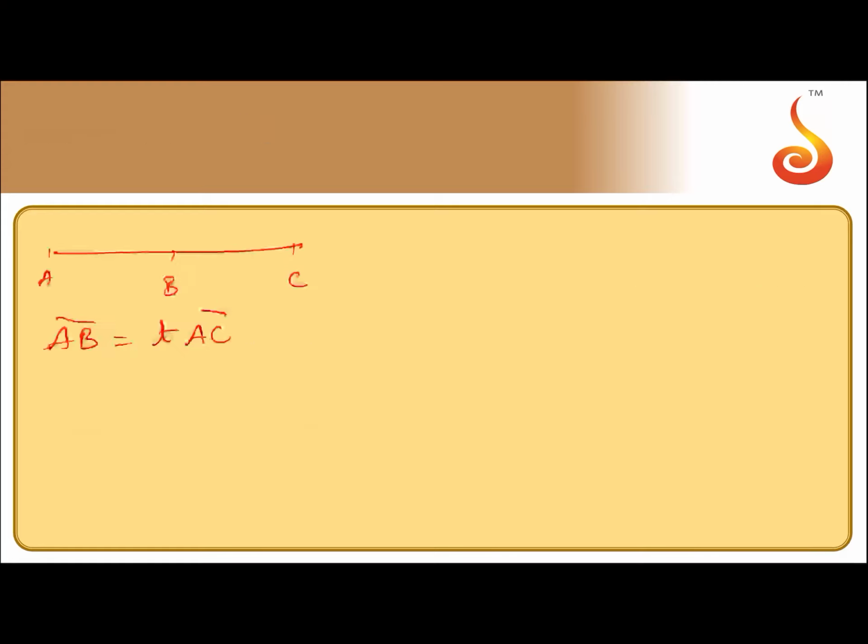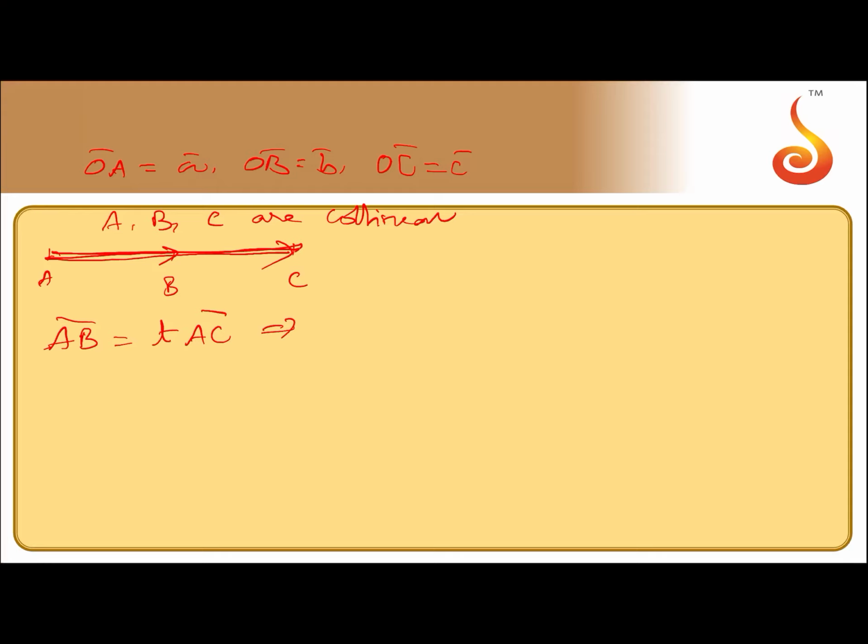A, B, C are the position vectors of the points with reference to the origin, OA is equal to a bar, OB is equal to b bar, OC is equal to c bar. Assuming that A, B, C are collinear, they lie on the same line. In such a case, one vector AB bar can be written as a scalar multiple of AC because they are collinear.